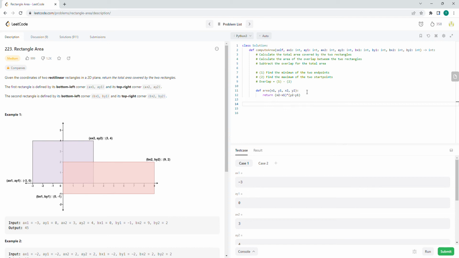So that's our function. Now we want to find the overlap. So basically, let's call this X overlap. And that's going to be the maximum between the minimum of AX2 and BX2 minus the maximum between AX1 and BX1.